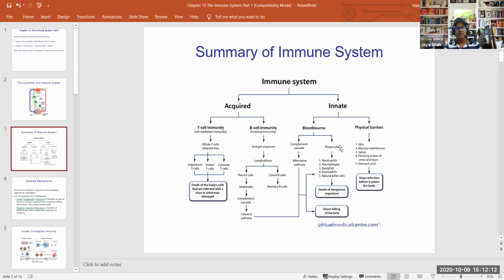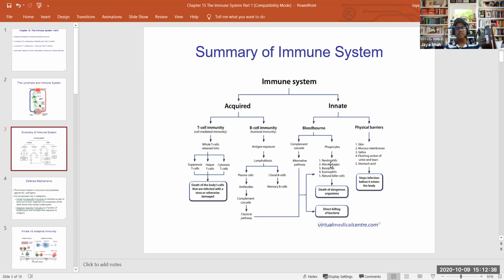That innate system is blood-borne, and there are two types. One is phagocytes, they are the cells, and another is the complement cascade system. Phagocytes are white blood cells which, after the breach of the physical barrier, enter your body. These cells fight infection because they start killing and eating those microorganisms.